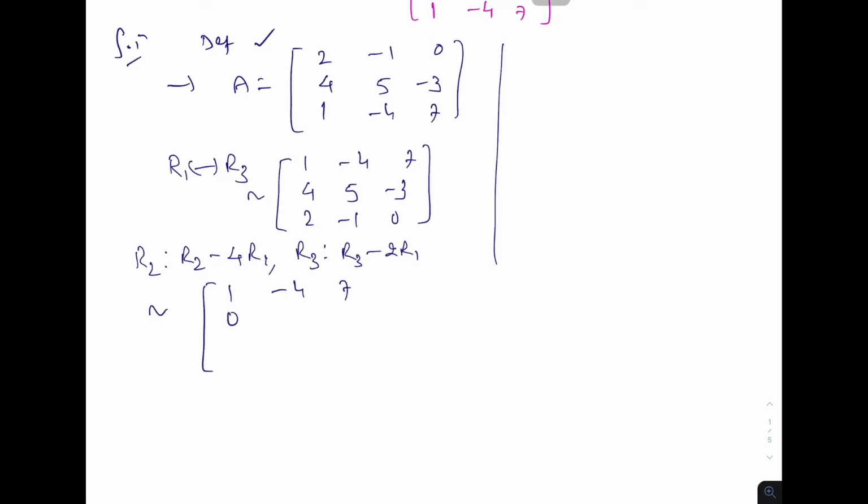This multiplied with -4 here, so that is 16, and add here, so that will be 21. Then multiply -4 here, so that is -28, and add here, so -31.